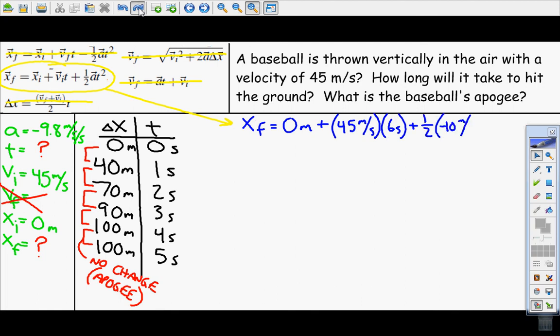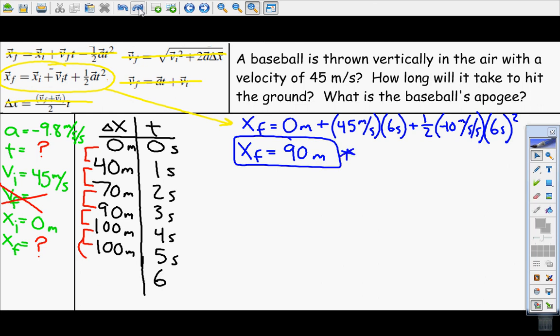So I'm going to plug in 6 seconds and see what happens. XF is going to equal 90 meters. That's important because 6 seconds, 90 meters, is an indication that our projectile is now heading back downwards.